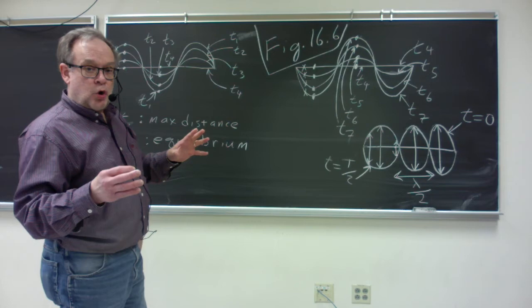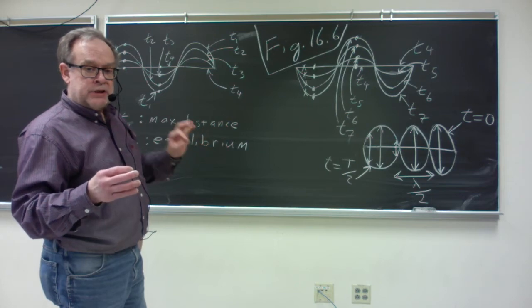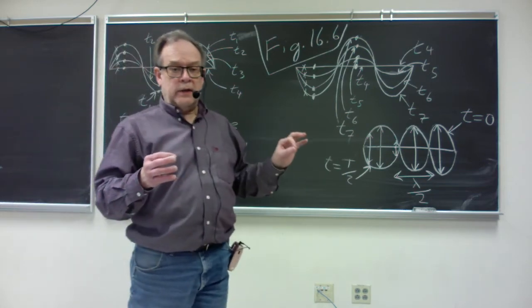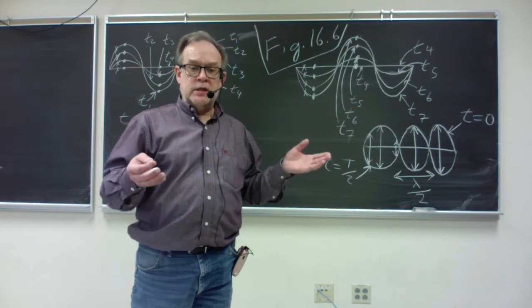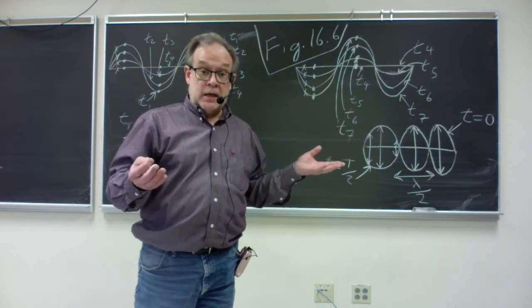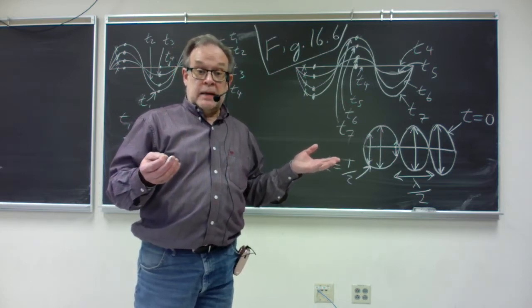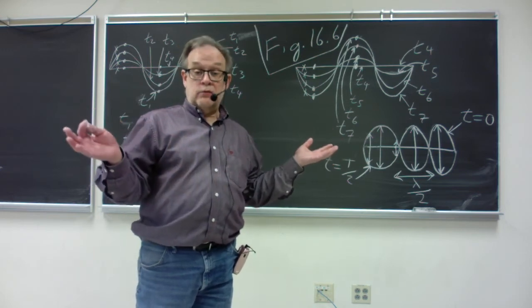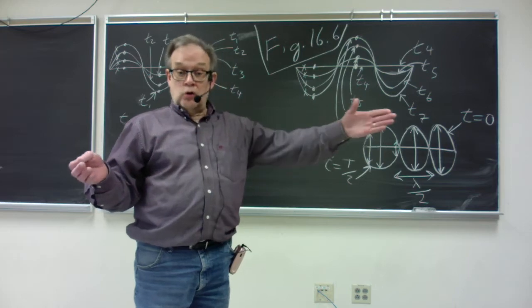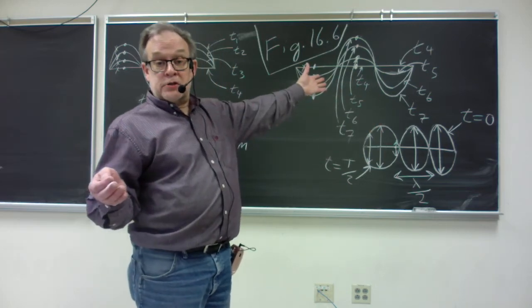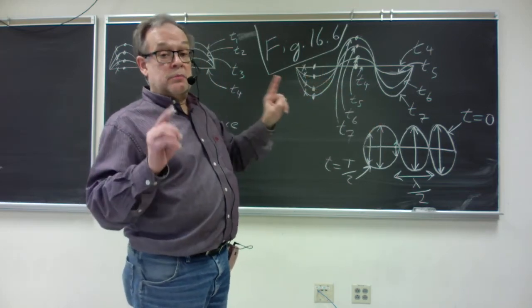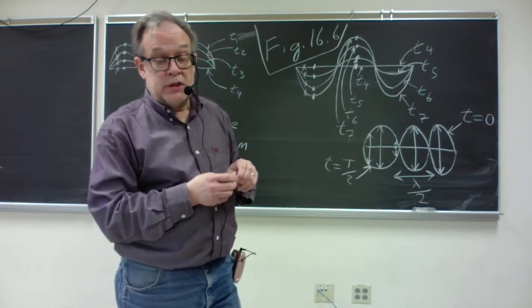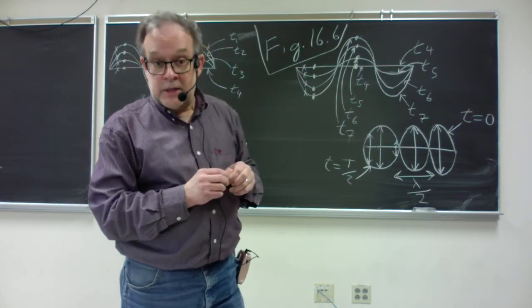It turns out that only particular wavelengths and frequencies will produce standing waves. A traveling wave of any wavelength or frequency could move along this string, but only certain particular wavelengths and frequencies will produce standing waves.